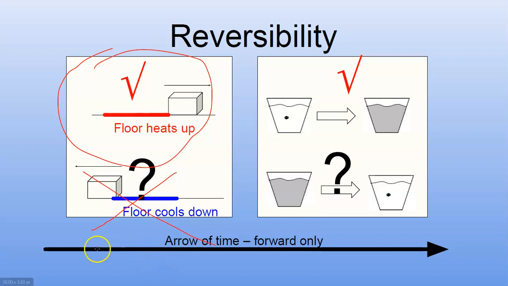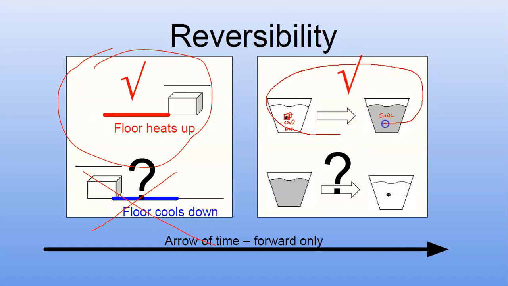Here's another example. If I have a little cube of ice in a glass of water, the ice cube is cold and the water is hot. Then the ice cube is going to melt and cool off the water. Right? That makes sense.